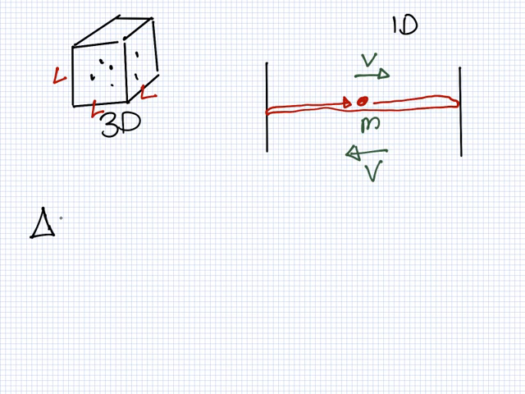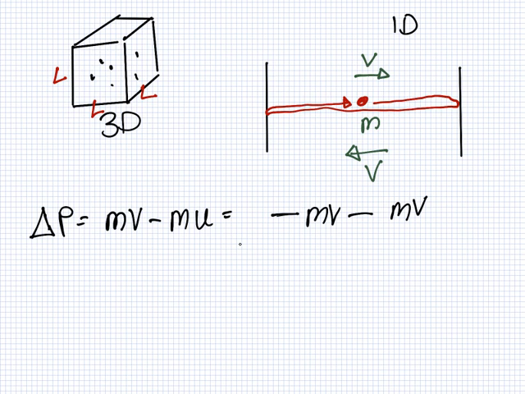So what is the delta P? Well, that's the momentum at the end minus the momentum at the start. The momentum at the end is minus mv, because it's heading left, minus the momentum at the start, mv. So that is minus 2mv. That's the change in the momentum.